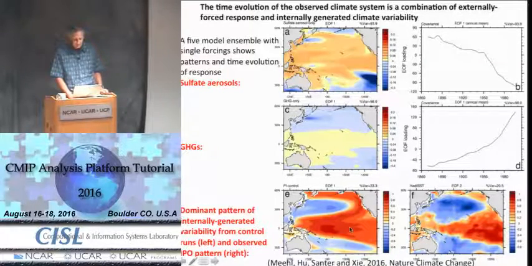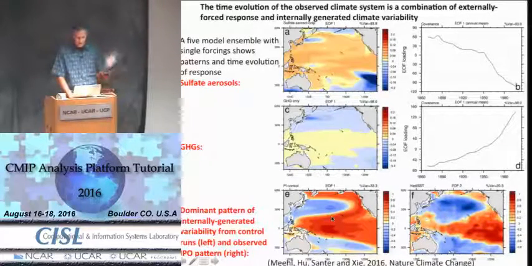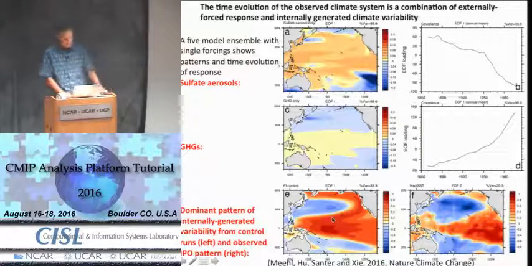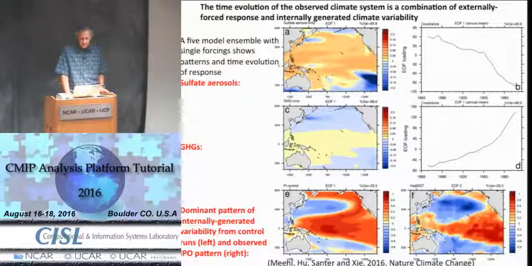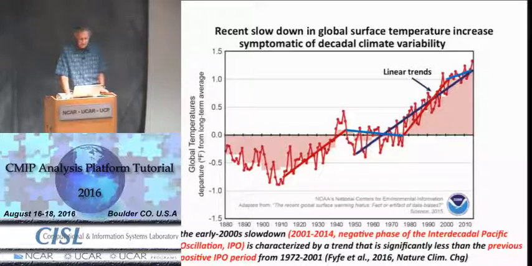And you can see that there's a high degree of correspondence between these 2 patterns, suggesting that what we see in the observations is probably mostly internally generated, because the only way you get this pattern out of a long pre-industrial control run where the forcings aren't changing is by internal variability. And so this is kind of leading the way to how these externally forced parts interact and are manifested in the climate system with this internally generated variability.